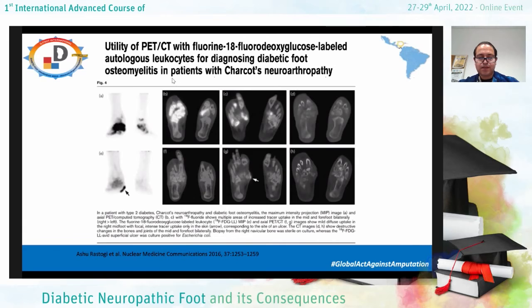Where you can see how in a patient with Charcot neuroarthropathy, the great uptake is seen in the bone that had osteomyelitis.